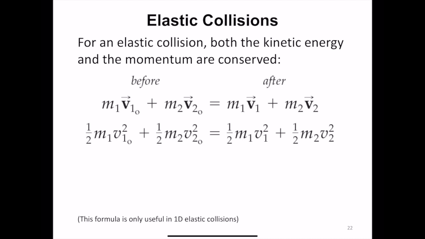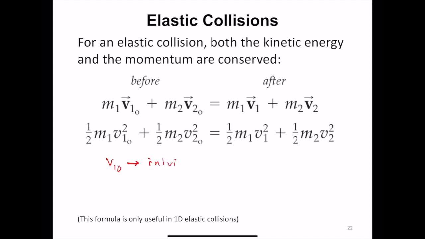Now notice this. We have a convention here. We have two objects, their masses are m1 and m2. And we say v10 is the initial velocity of object number 1. So what does v10 mean?